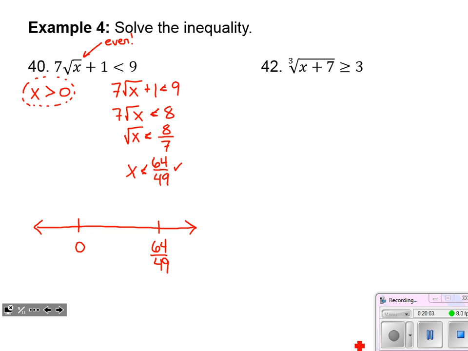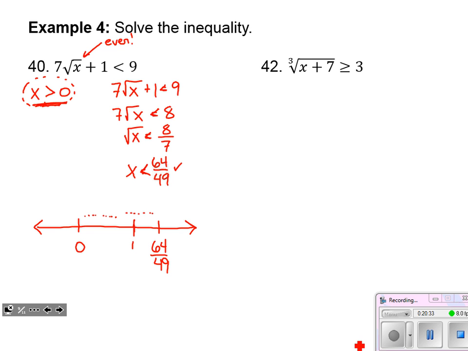So right now what I'm seeing based off my inequalities, just through solving, I've got x is greater than or equal to 0 and x's that are less than 64 over 49. So I'm thinking that the area in between those is going to be shaded. But it's always helpful to know for sure. So I know that a nice clean number that I could check is a 1. I'm going to check and see, is that true in between?